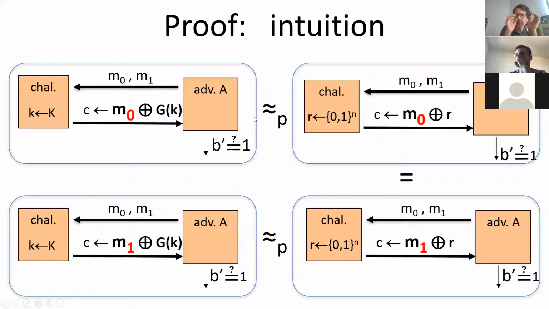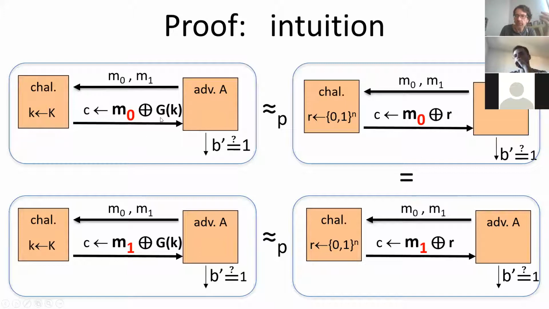because computational indistinguishability is transitive, here you have some distribution, call it G0. Here you have some distribution, call it D1. Here you have some distribution, call it D0 prime.